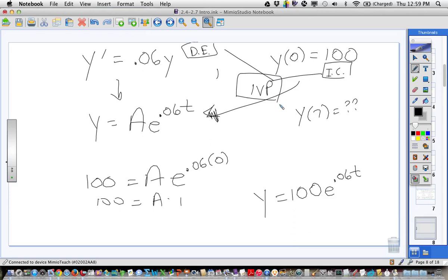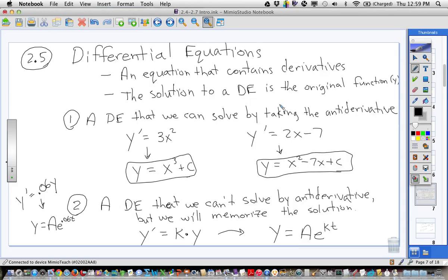Well, an IVP is simply a differential equation, and they've given you an initial condition. So look back here now. When we solve a differential equation, like in number 1, we get a plus c. But if they'd given me an initial condition to put in, I can plug that in for the x and the y, and I can figure out the c. That's all that is. An initial condition they give you, you can figure out the c by plugging it in. They call that an initial value problem.